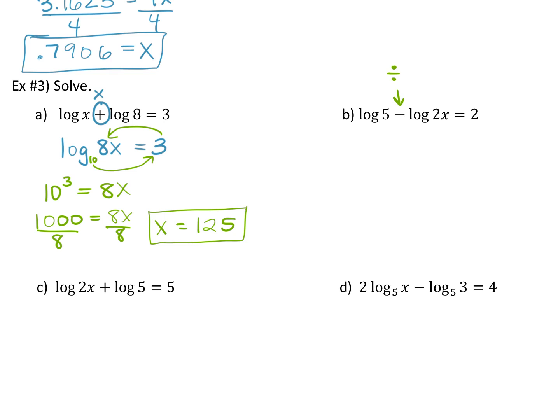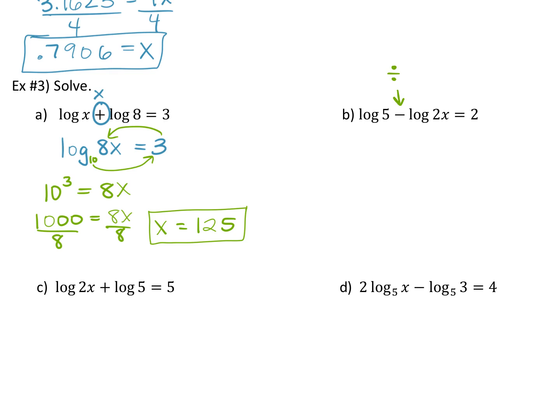Oh, you multiplied it, right? Yeah, so if that was addition, that's how you do it. So 5 over the 2x. Okay. Make sure your x is your denominator there.